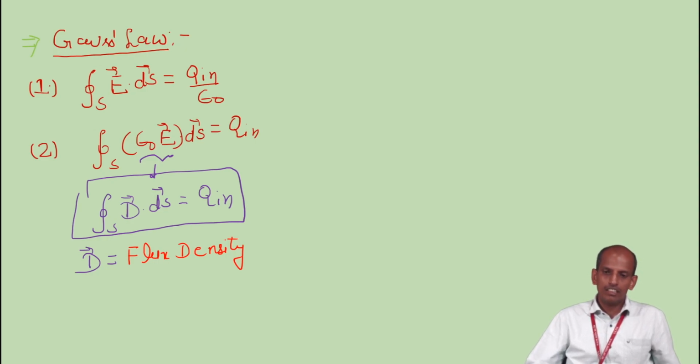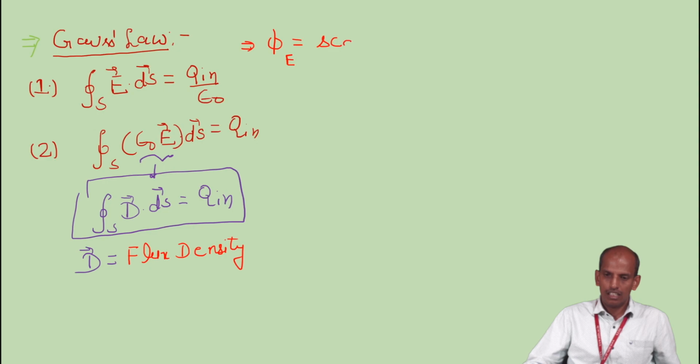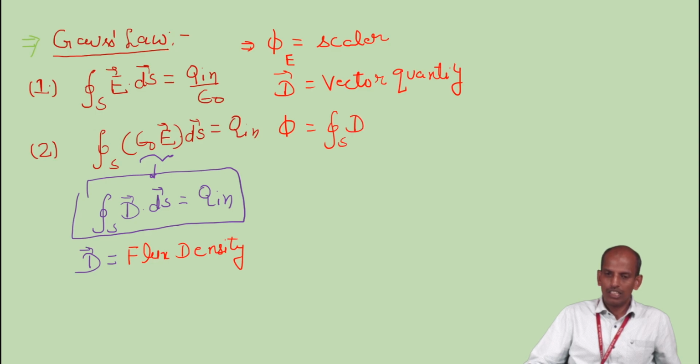Phi is a scalar quantity. D is a vector quantity, as you can see. That's very interesting. And if one has to find phi, he or she can write it very easily as the integral of D dot ds.